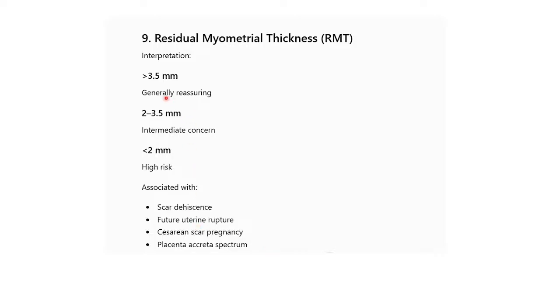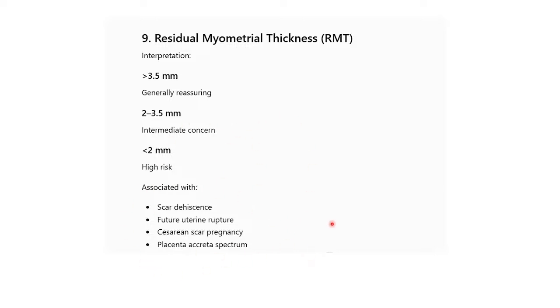If the measurement is above 3.5 millimeters, it is reassuring, so nothing much to worry about. If it's 2 to 3.5 millimeters, it's an intermediate concern. But if it's less than 2 millimeters, there's a higher risk, associated with scar dehiscence, future uterine rupture, cesarean scar pregnancy, or placenta accreta spectrum. So you see now where it gets interesting.